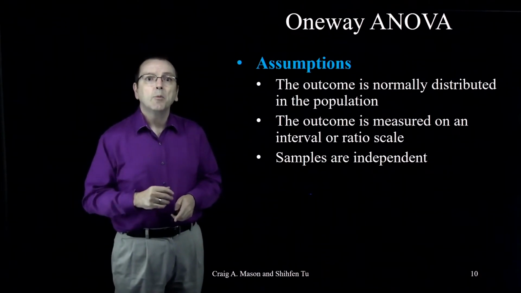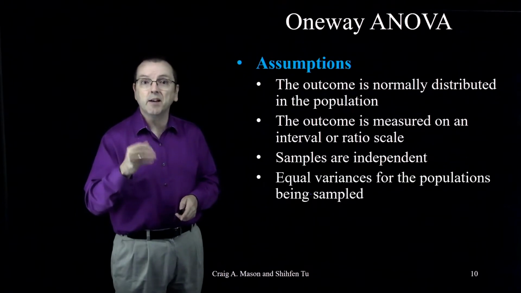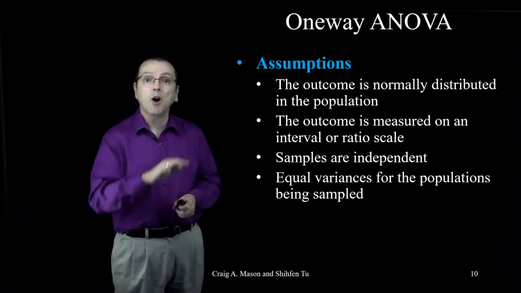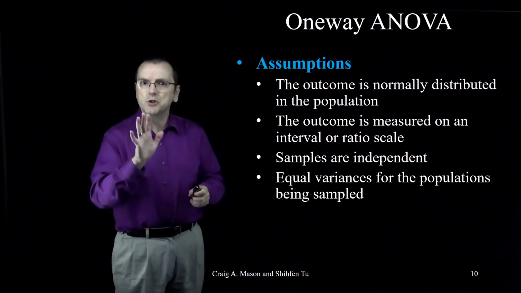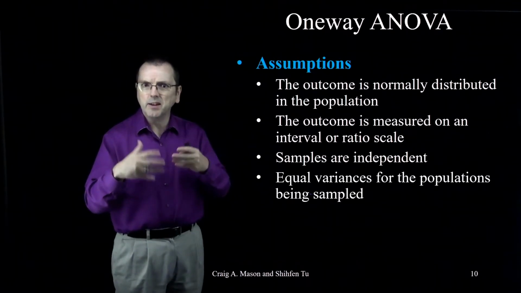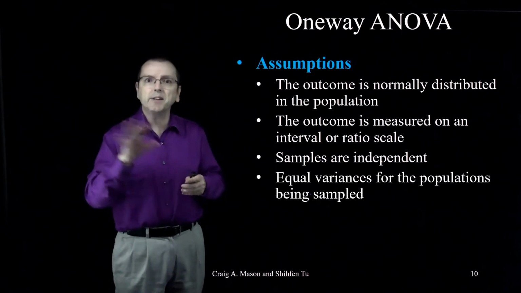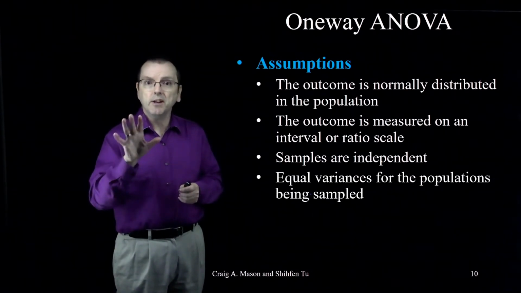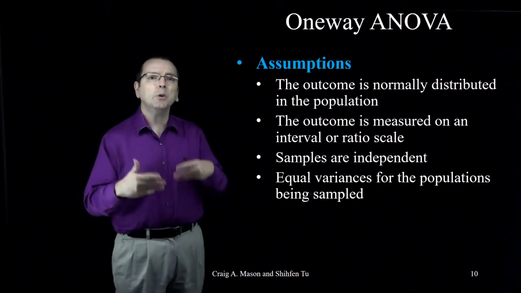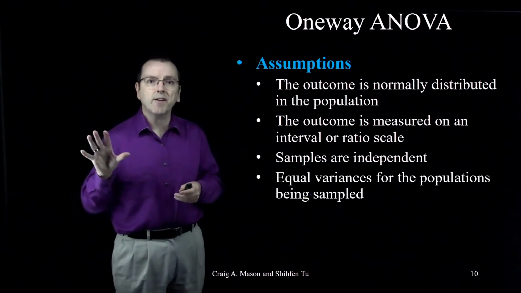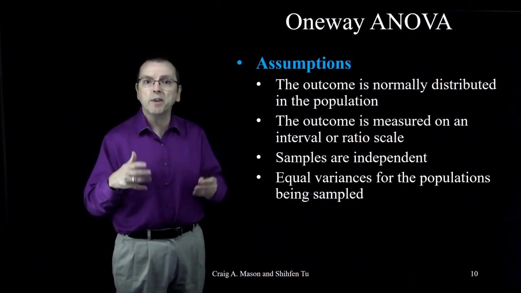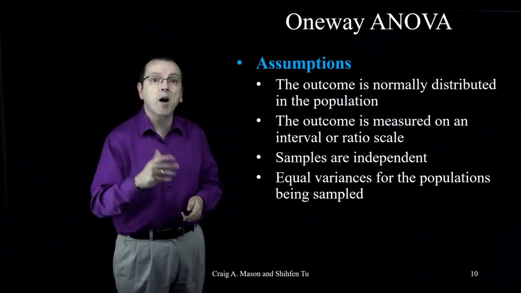In addition, we assume that the variances of the populations being sampled are equal, which should then mean that the variances for the samples are fairly similar. Looking at the variance in each sample, a rule of thumb is that the largest variance should be no more than twice the size of the smallest variance.